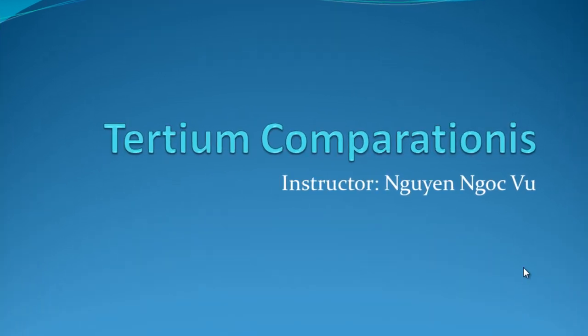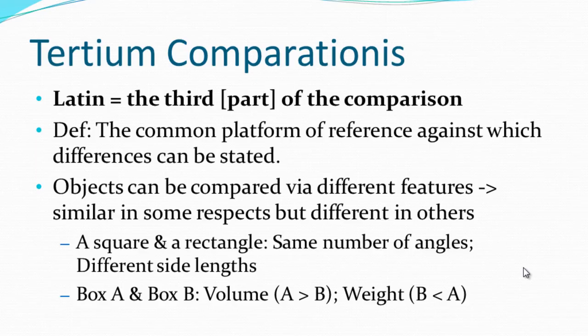So TC is the common platform between objects, phenomena, ideas, concepts, structures that make them comparable. Okay.